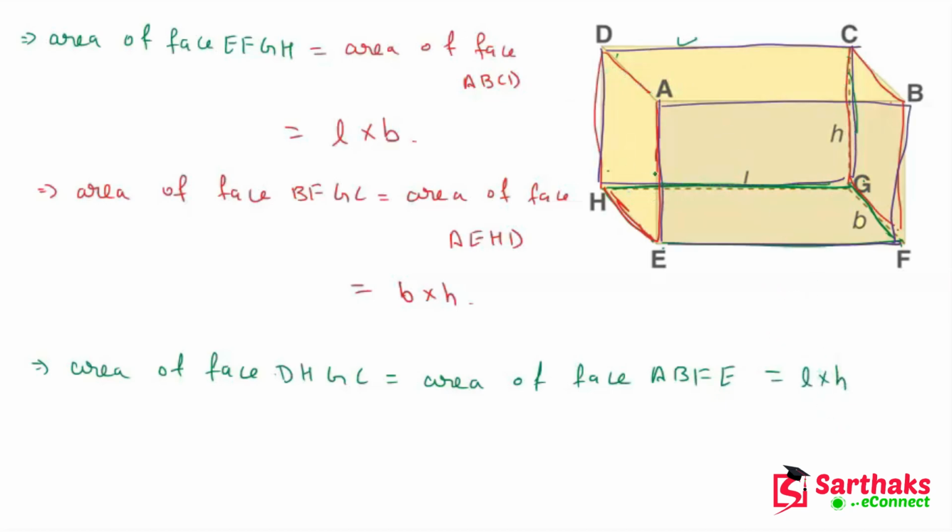Now we have the area of all 6 faces. After adding these we get the total surface area of the cuboid.